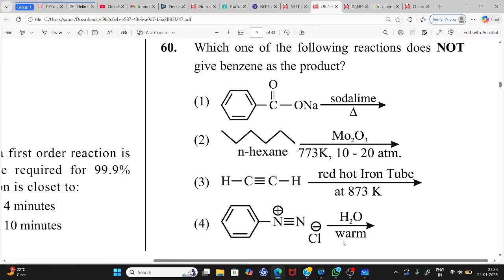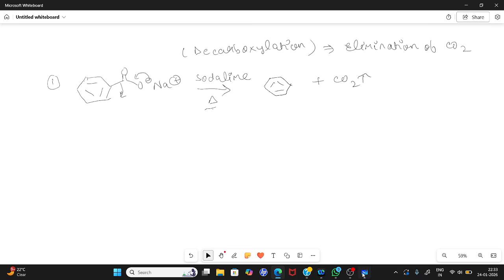Let's go to the second one. Second one में अगर आप देखोगे it's N-hexane. So basically N-hexane है and the reagent is molybdenum oxide Mo2O3 at 773 Kelvin and 10 to 20 atm pressure.